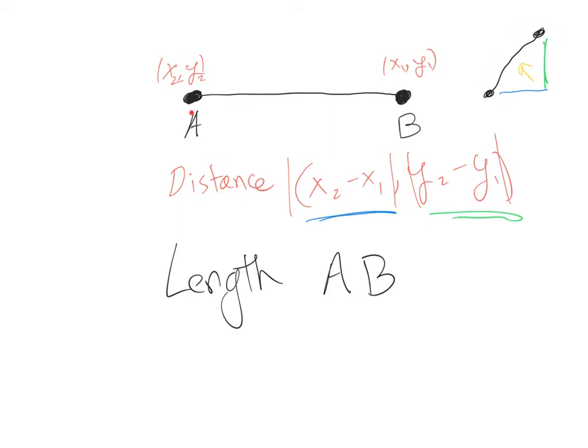Length, distance, is the distance from point A to point B, which is also the length of the line AB. And when we're marking a line segment, the way we always mark that is we put a line over the top without any arrows, just like that. So line AB. If it's length AB, you can also write that as just AB. When you're doing proofs and when you're doing math with it, if I'm talking about the length of AB, I can just write that as AB.